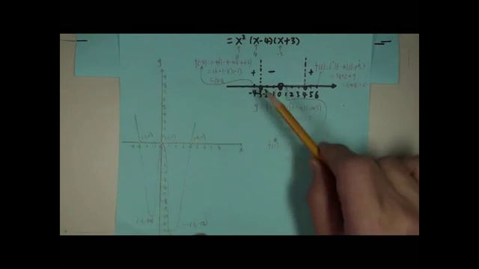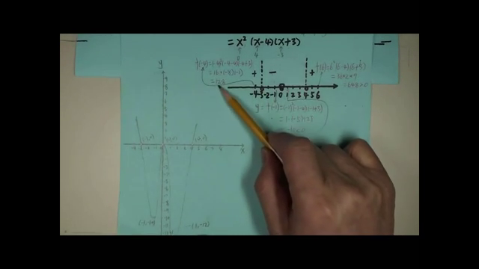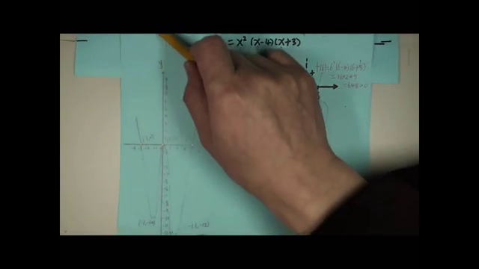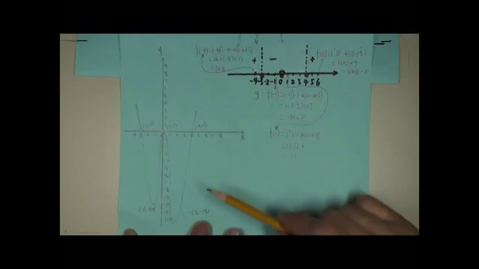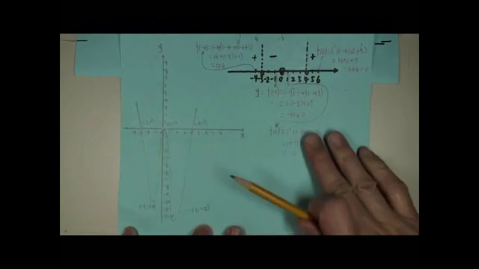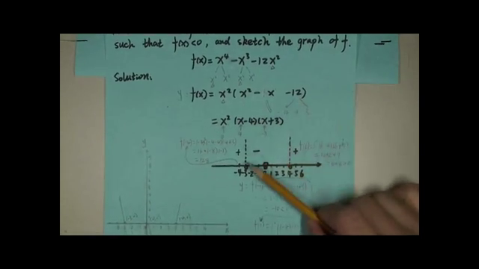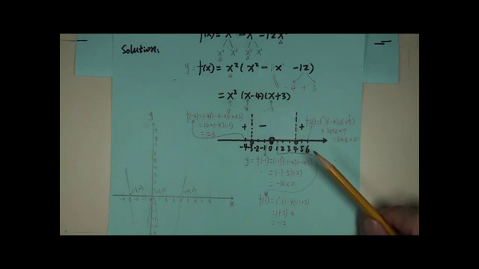And here, for x equals -4, you have 128, which is also very high. Okay, so this is basically the picture for this function. And from here, we can actually find out. Okay. See you next time.